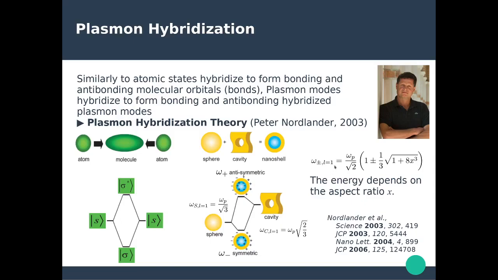These are the frequencies of the symmetric and anti-symmetric, or bonding and anti-bonding, dipole of the nanoshell. Something to notice is that you have the aspect ratio of your geometry in that particular case. This x is connected to the thickness of the shell. So when you change the thickness of the shell, you're going to change the energy of your dipole resonance.